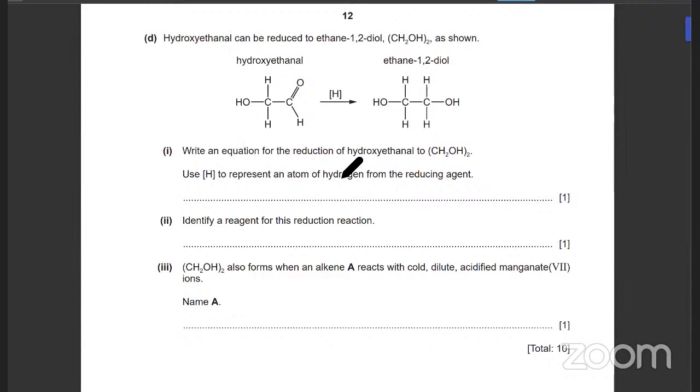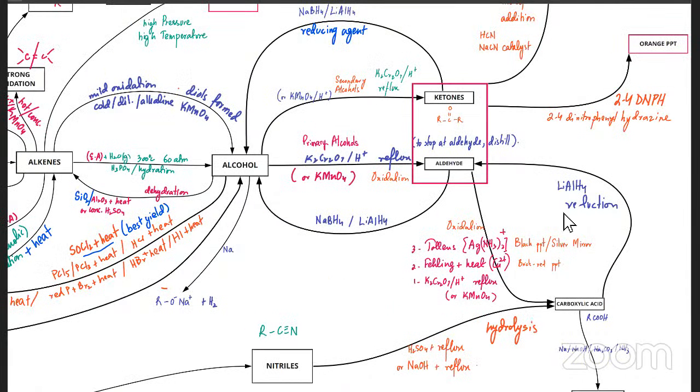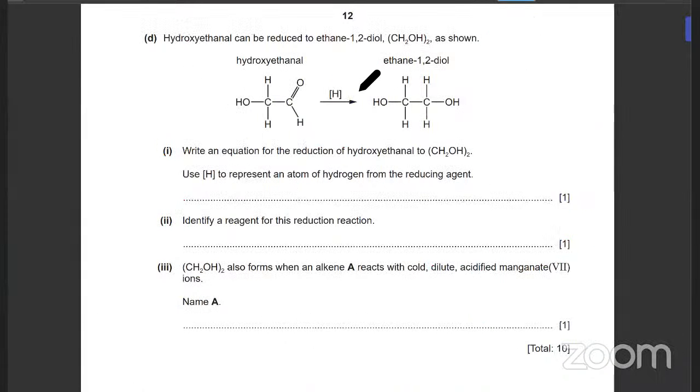Use H to represent a hydrogen atom from the reducing agent. So this is aldehyde getting reduced. This is this part. So I've got an aldehyde, and the aldehyde could be reduced by NaBH4 or LiAlH4. So this one is reduction. ठीक है, this part aldehyde वापस उसमें जा रहा है. So that's reduction. So write an equation for this. So I've got CH2, which ठीक है, this one, and CHO.